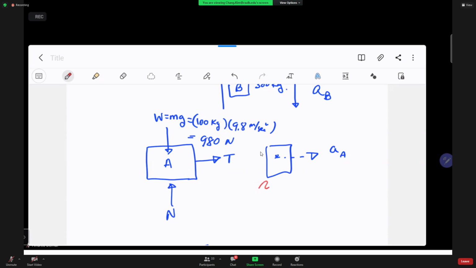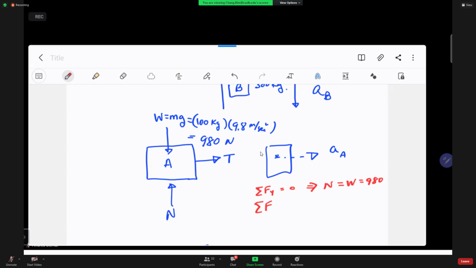So the equation for the summation of the forces in the y direction is virtually zero. Okay. Mass A will not go up and down. Okay. So in this case, your normal force is equal to weight, which is 980. Okay. Do we need that? I don't know.